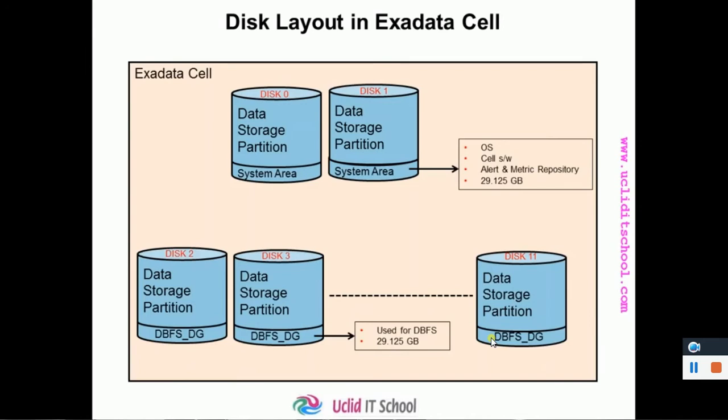We have a concept called DBFS. In Exadata, DBFS is implemented by default, so this space is used for that. We'll learn more about DBFS at a much later stage. At that time you will appreciate why this space is reserved.